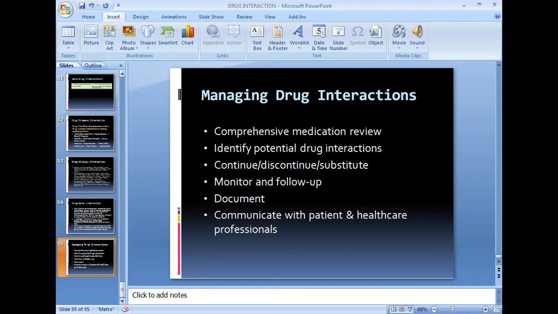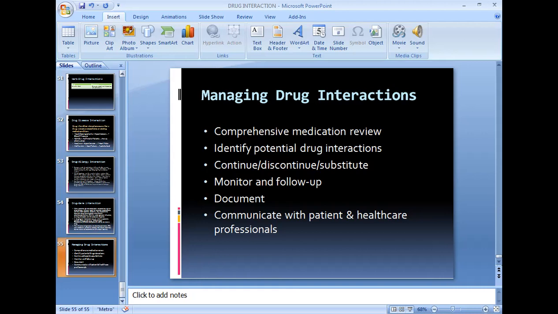Depending on the condition, continue, discontinue, or substitute the drug. If required, continue the drug. If required, discontinue the drug to avoid the drug interaction. Or if it can be substituted to reduce the drug interaction chances, substitute that drug.